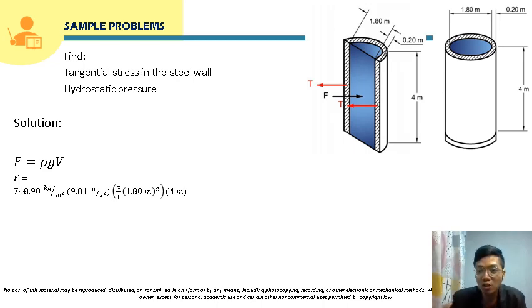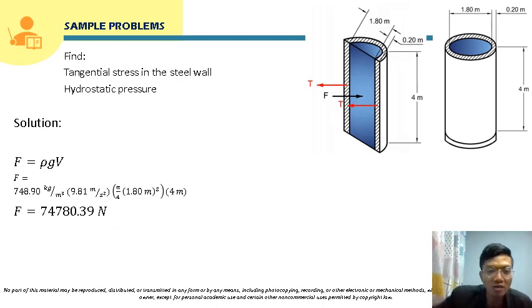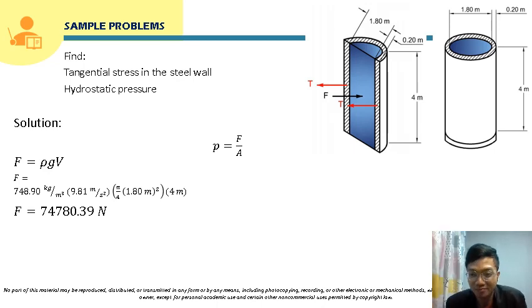Again, if it's diameter, the area is pi over 4 diameter squared, times the height of the cylinder. In this case, the diameter is 1.80 meters and the height is 4 meters. So the hydrostatic force here is equal to 74,780.39 Newtons. What we need is actually pressure, right?